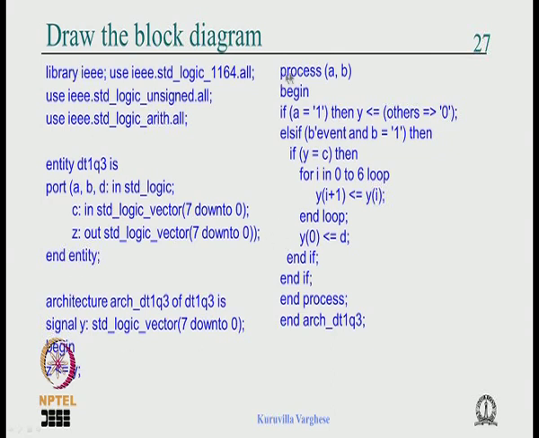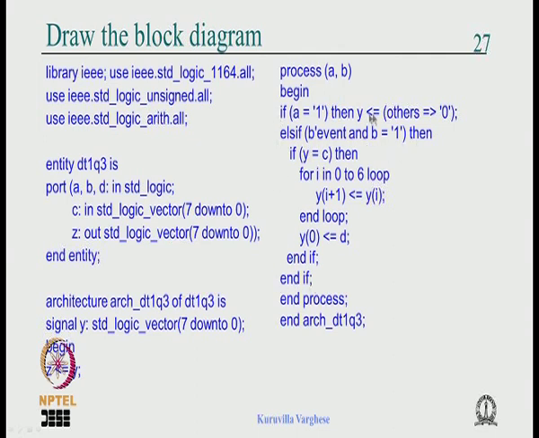Now we have a process as the main code which has A and B in the sensitivity list, so we are sure that A and B are inputs. You say begin, and if A is 1 then Y is all 0, else if B'event and B is equal to 1 then, and that is end if here.